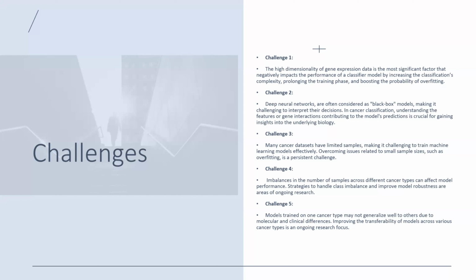This is one of the issues. As well as imbalanced data sets, for example in breast cancer, 80% of the samples are cancer and 20% of the samples are normal. So in this case, imbalanced data is one of the issues.